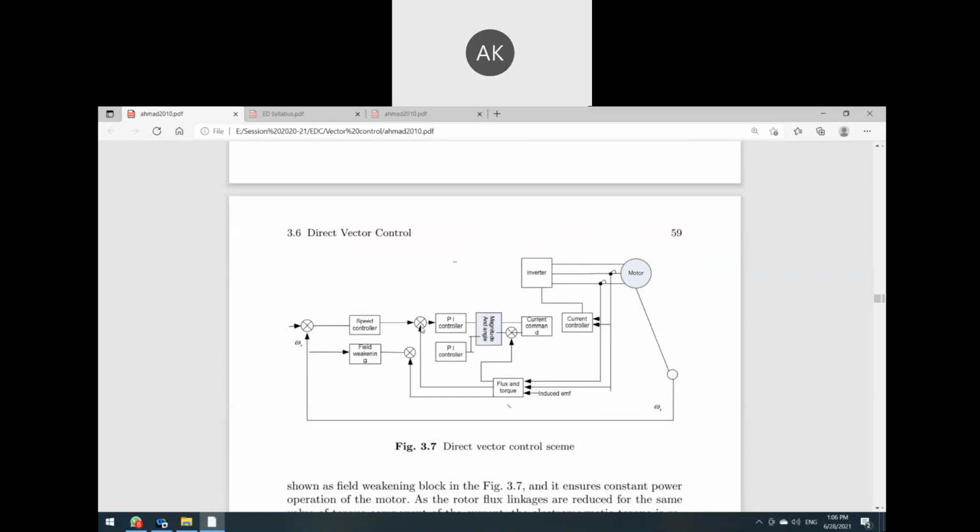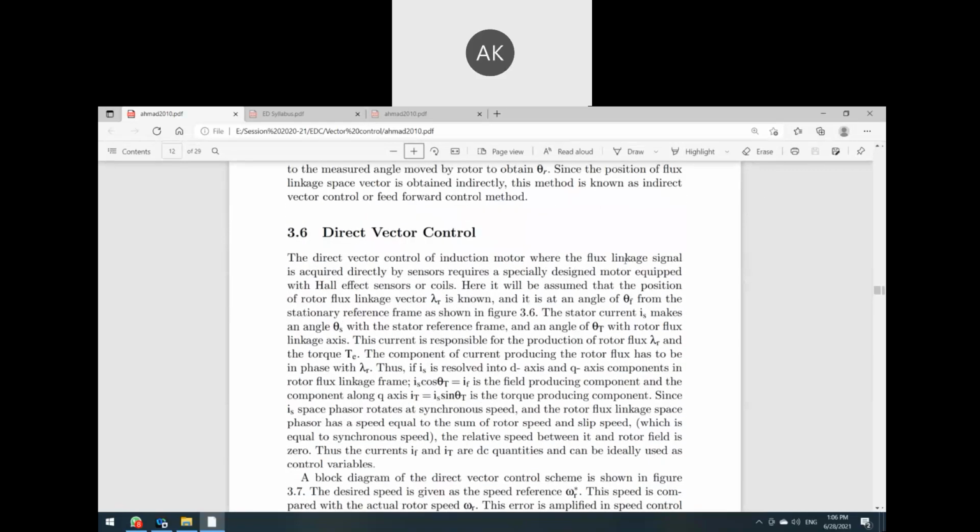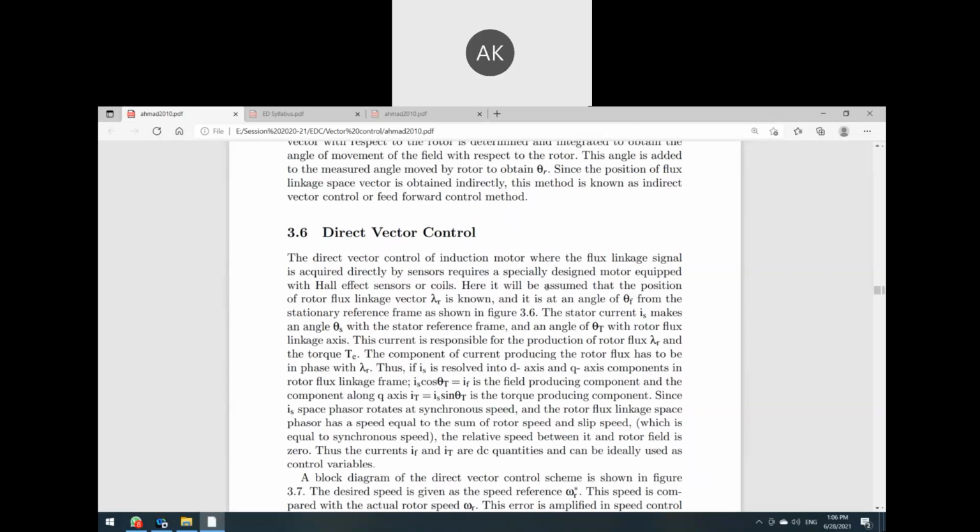Through the PI controller we will change the magnitude and angle of the flux and voltage, flux and torque control, and then we give the current command to the inverter. So basically the main difference is that in this method we take the signal from sensors, Hall effect sensors.